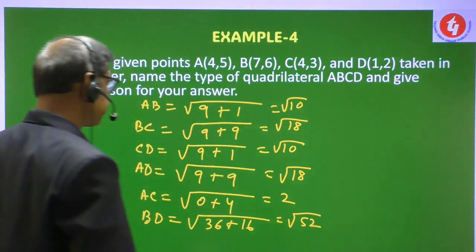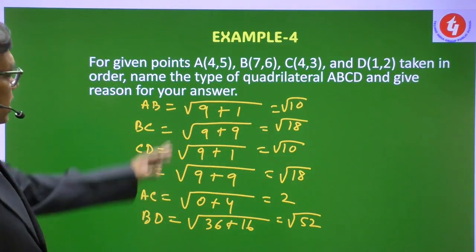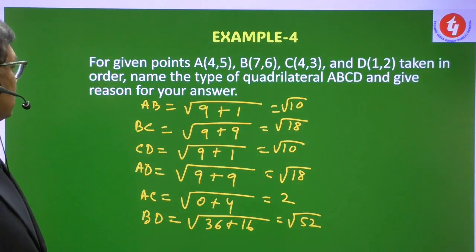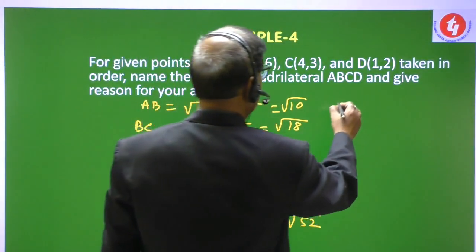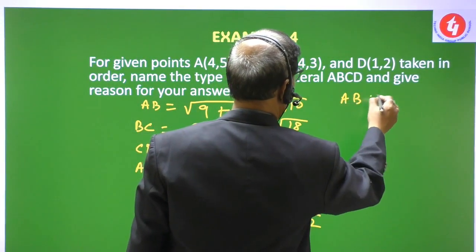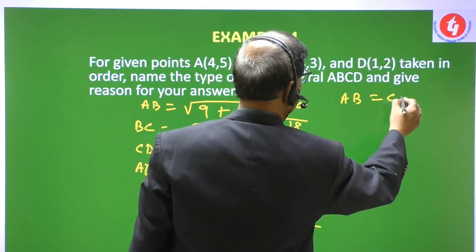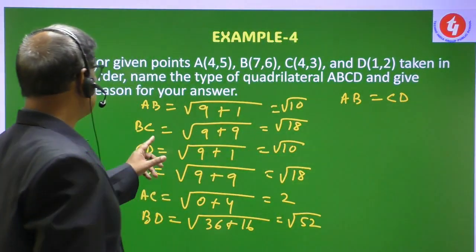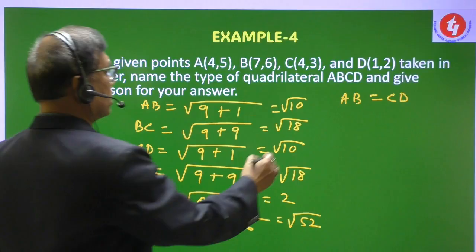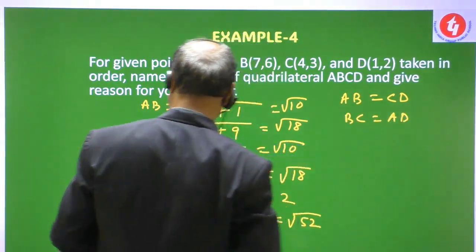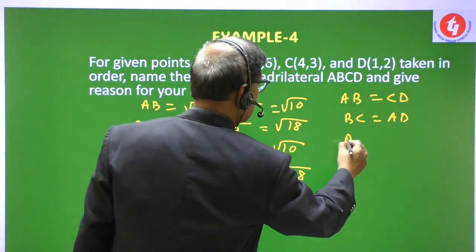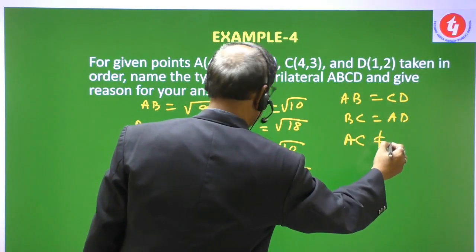Is it clear? So what is our observation here? Opposite sides are equal, that means AB and CD are equal, and also BC and AD are equal. And diagonals are not equal.